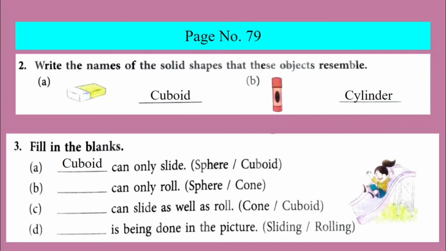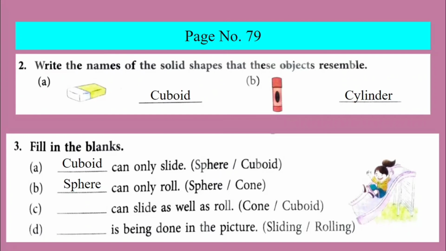Using the curved surface, the cone can be rolled, and using its bottom circular surface, it can slide. So, which is the correct answer? Yes, sphere is the correct answer. A sphere can only roll.